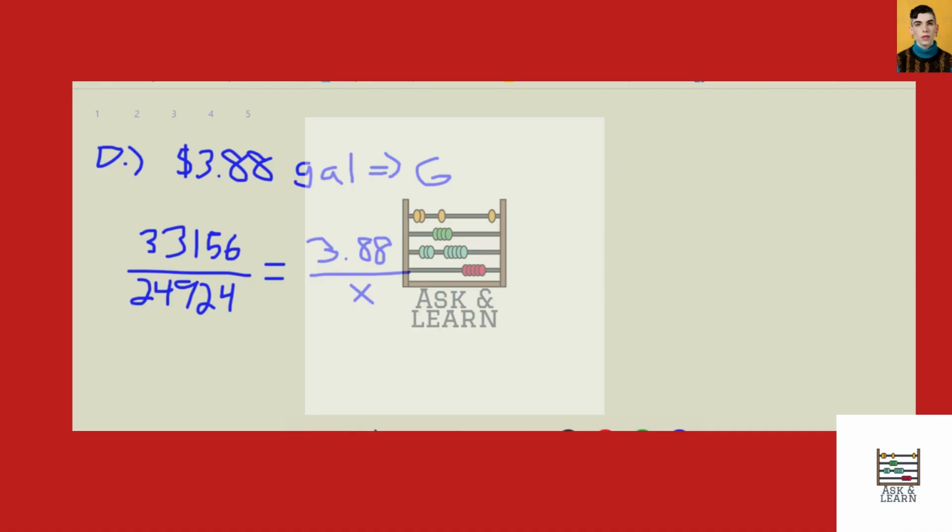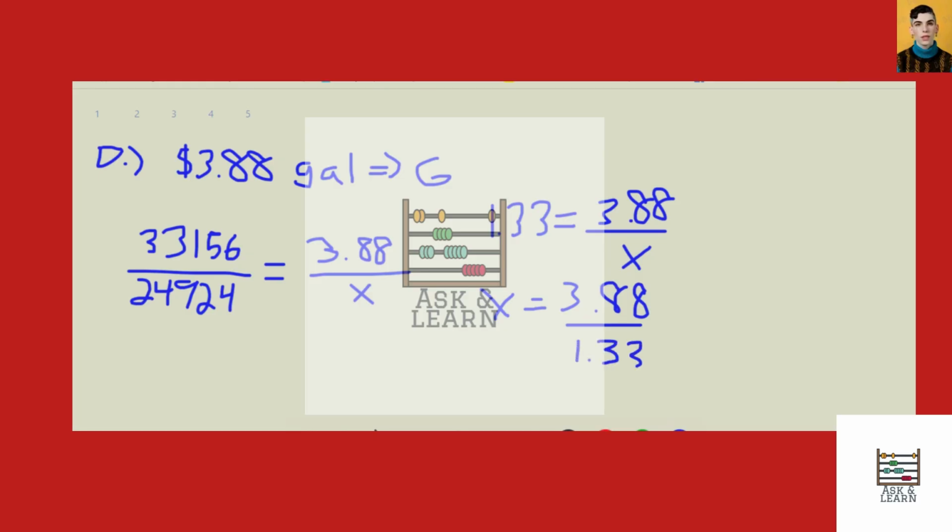Now we know this is 1. We know that 1.33 is equal to what's on the left, so 3.88 over x. Now, x is equal to 3.88 over 1.33, and we get our answer.